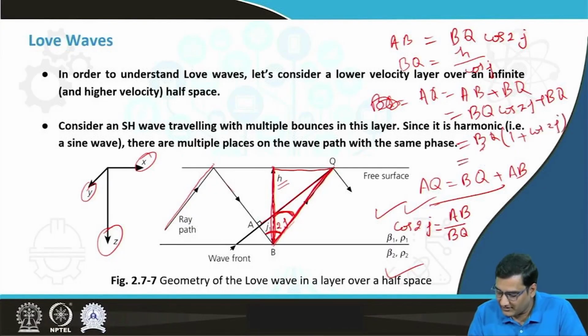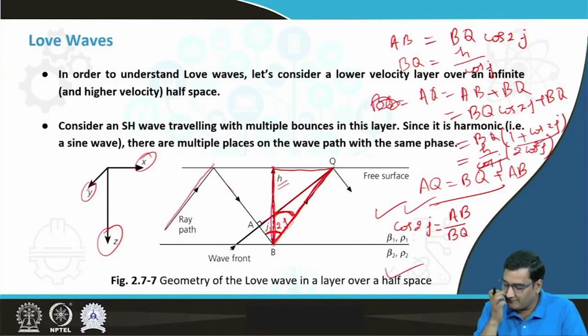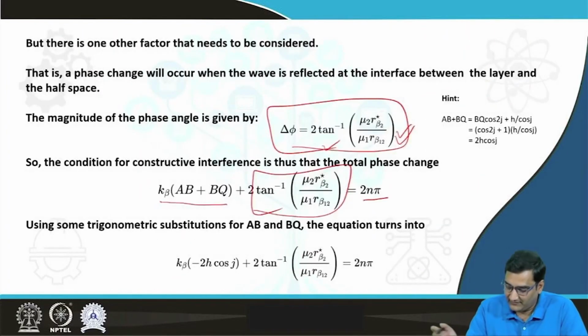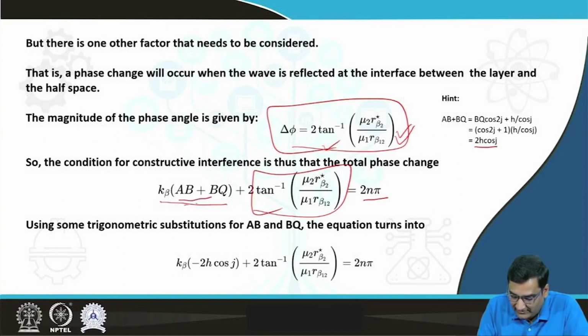BQ is H upon cos J, and this entire thing, 1 plus cos 2J, will be 2 cos square J. So cos J will be cancelled out, and you will be left with 2H cos J. So AB plus BQ will be equal to 2H cos J, and that we can incorporate here.